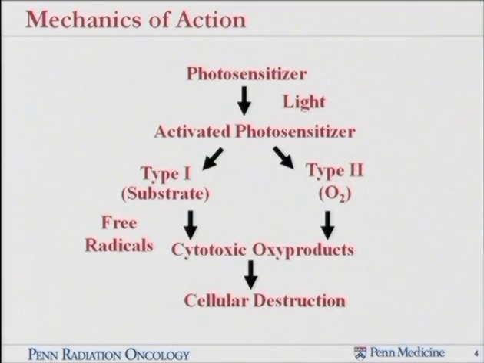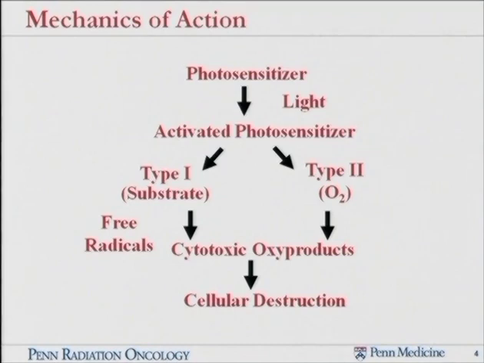The activated sensitizer, most of them, goes through a so-called type 2 interaction, which directly interacts with oxygen to produce singlet oxygen. That is the pathway for singlet oxygen-based modeling, and also the pathway for the majority of photosensitizers that are clinically available for trials.